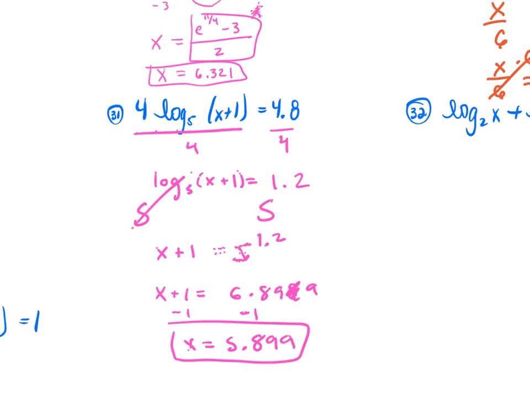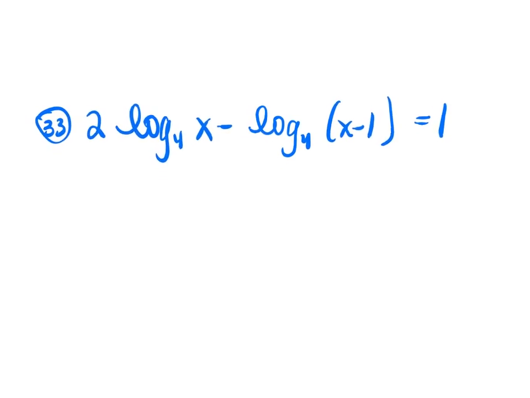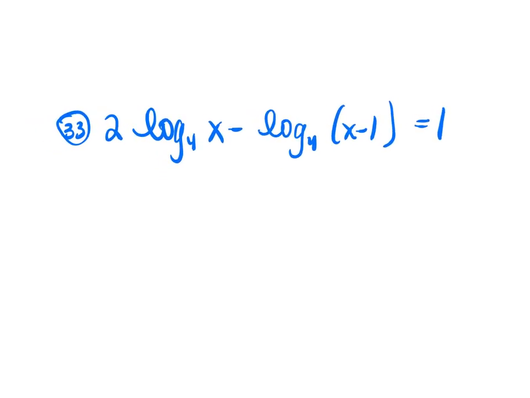All right, 33, last one. What do we do first? Condense the left side. So how can we condense? First, bring the 2 up top. So we have log base 4 of x squared minus log base 4 of x minus 1.